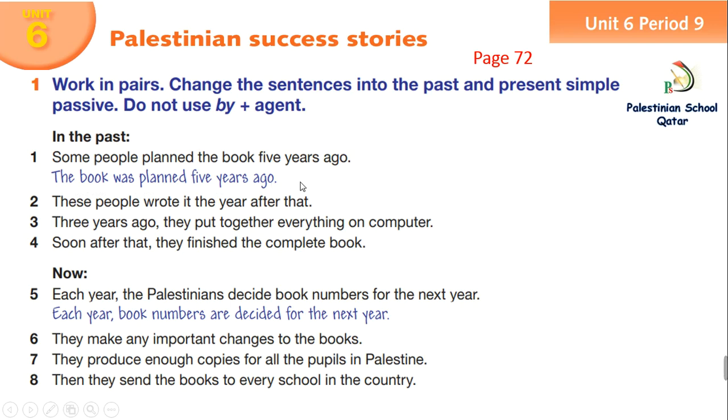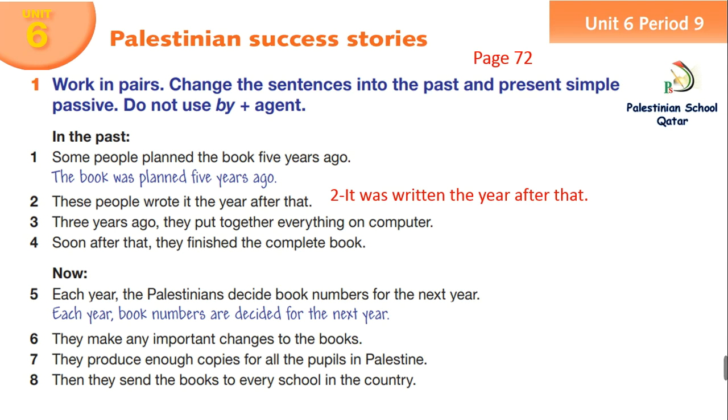Number 2. These people wrote it the year after that. Where is the verb? Wrote. Wrote what? Wrote it. So it is the object. We put it at the beginning. It was written the year after that. Number 3. Three years ago, they put together everything on computer.